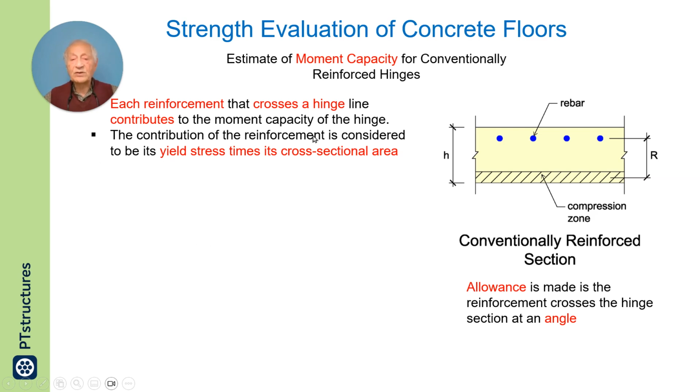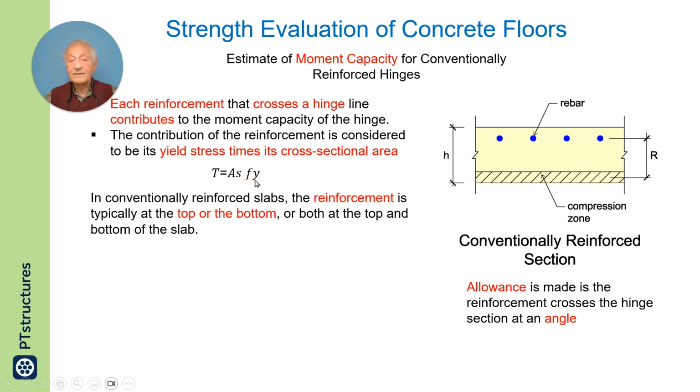The contribution of reinforcement is considered to be its yield stress times its cross-sectional area. If I want to calculate the capacity, each of these is assumed to have yielded, and they act at this arm to provide bending moment. So the tension in the bar will be its area times its yield.